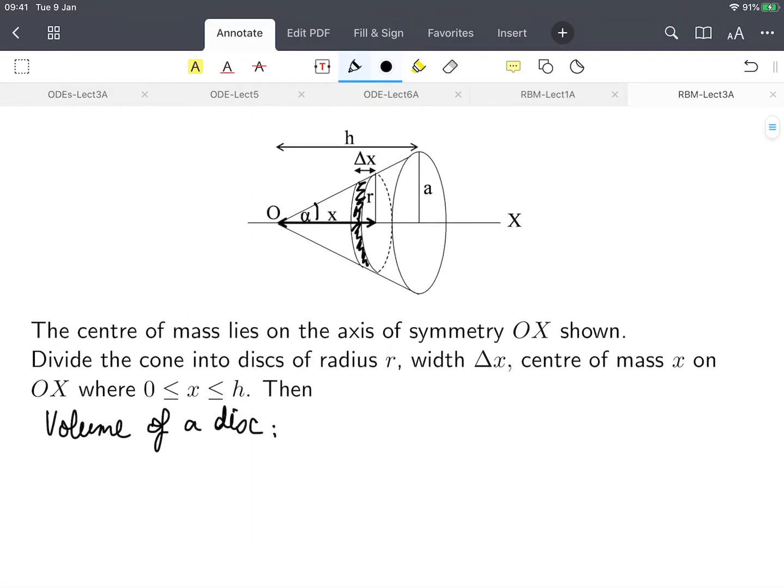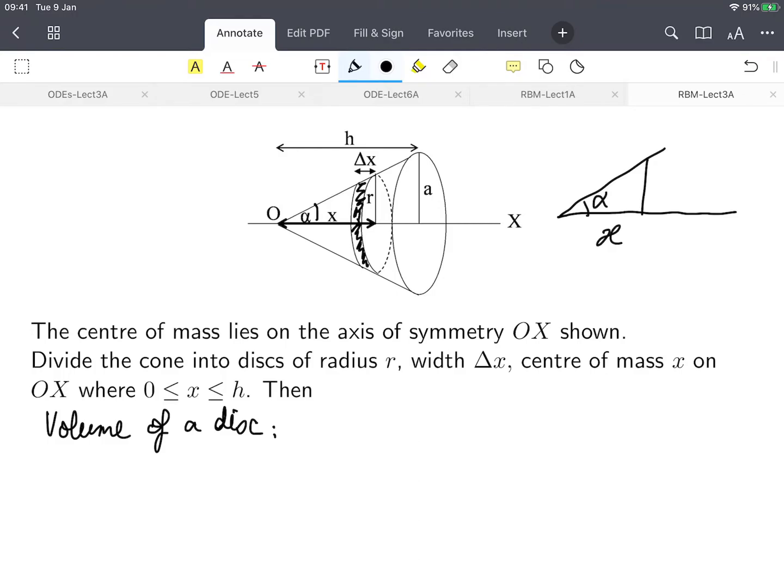Here I've introduced an angle alpha. If I call x the position of the center of mass of the disk and r the radius of the disk, I see that tangent alpha is r over x.